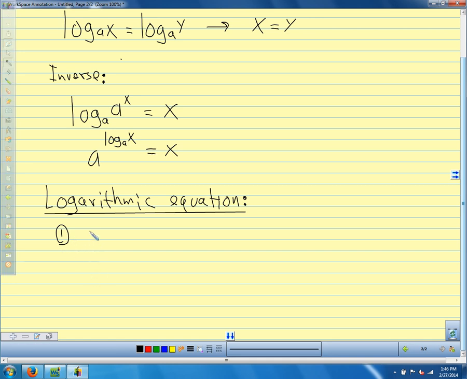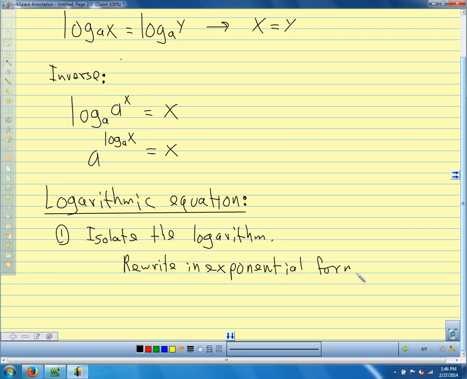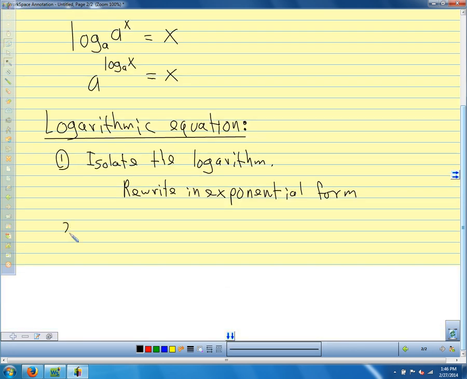So isolate the logarithm, and then rewrite in exponential form. That's going to be one method that we use.